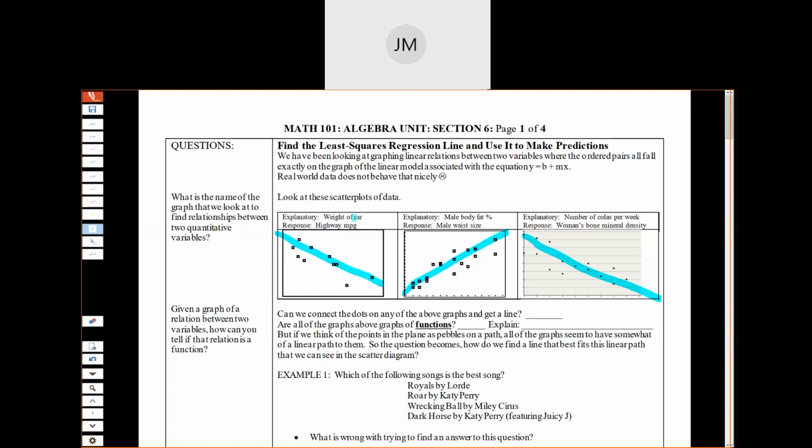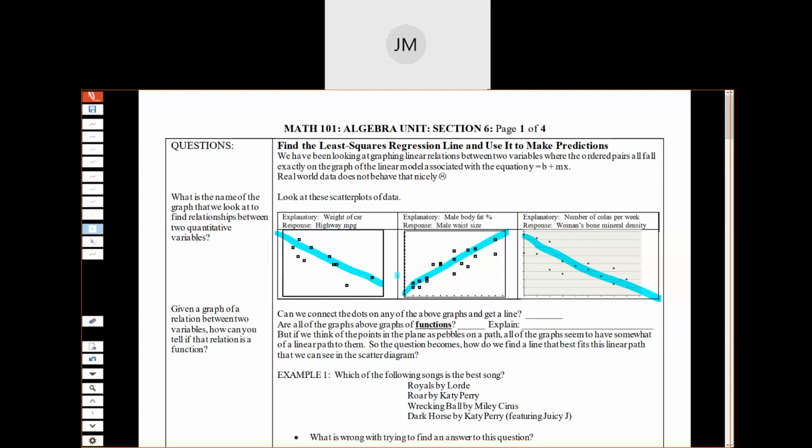But we also know that if I look at different cars, the weight isn't the only factor. From one model to another, maybe one is more aerodynamic than another. I could have cars that are the same weight or close to the same weight, and one has much better mileage than the other. Maybe it's more aerodynamic or has a more efficient engine. There are other things that can come into play, but I can still get a general pattern, right?